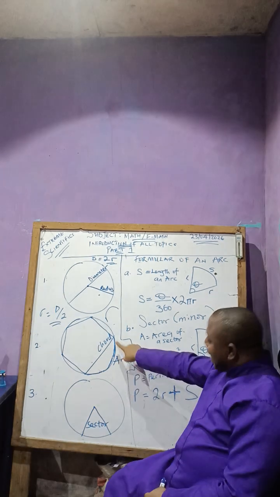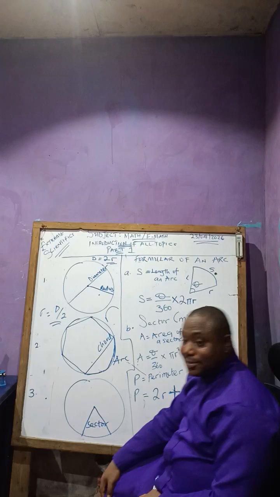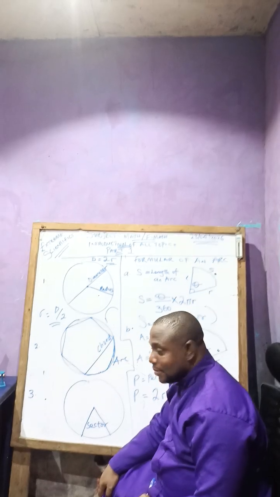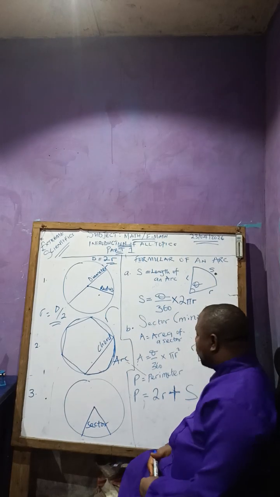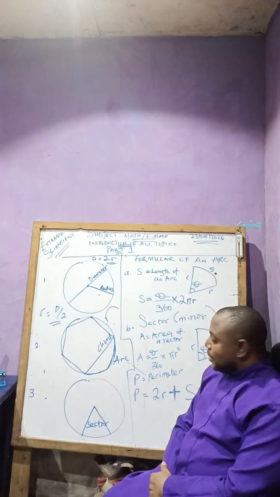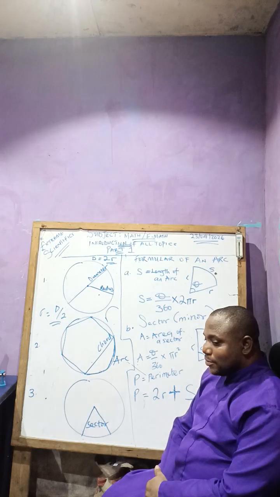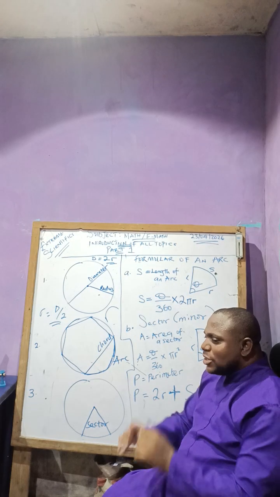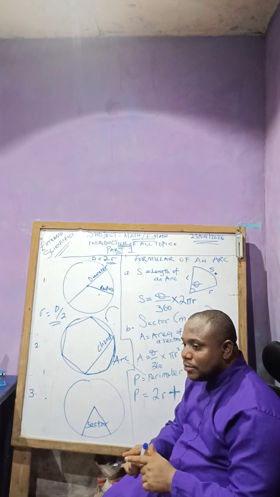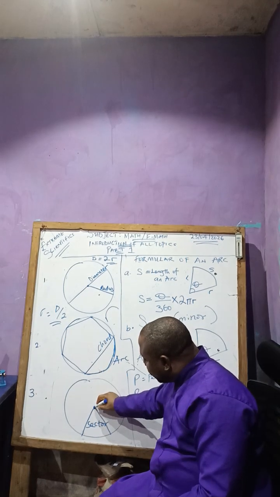So this is an arc, and the line like this is the chord. Are you understanding me? Now the third one is talking about the sector. We draw the line to form a chord. Just a particular part of the circle is called a sector.